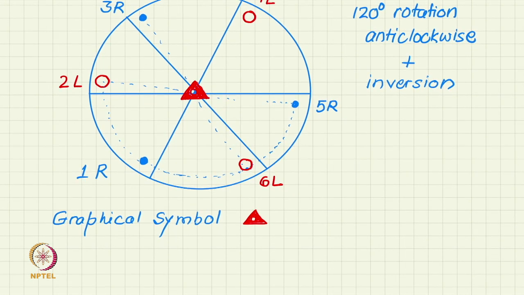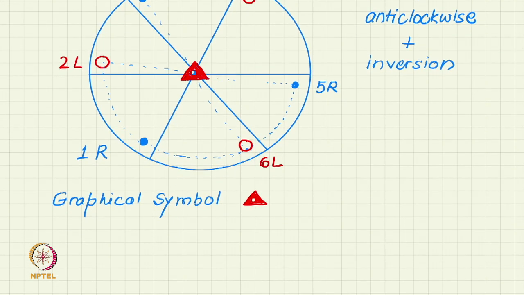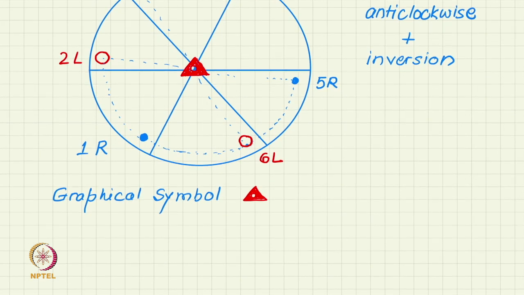So the 3 bar axis, another symbol, the text symbol for this, let me write it.